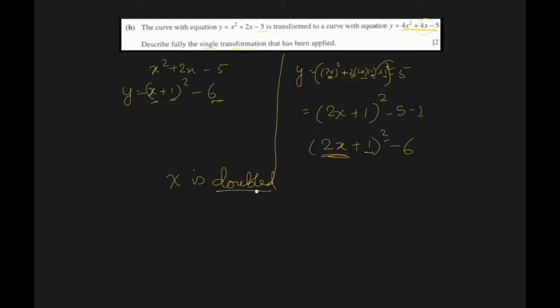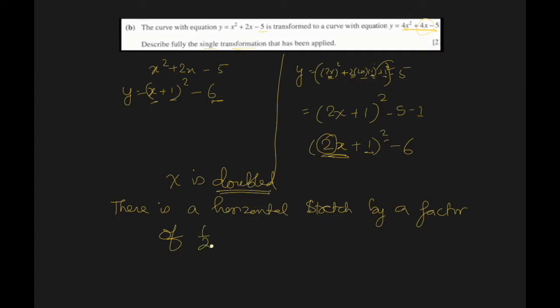So when something is doubled in x direction, we say that there is a horizontal stretch, right? Stretch by a factor of reciprocal of whatever is there, half.